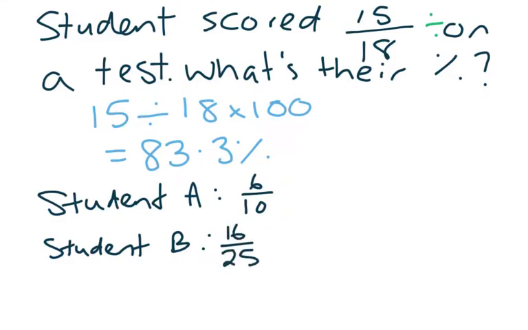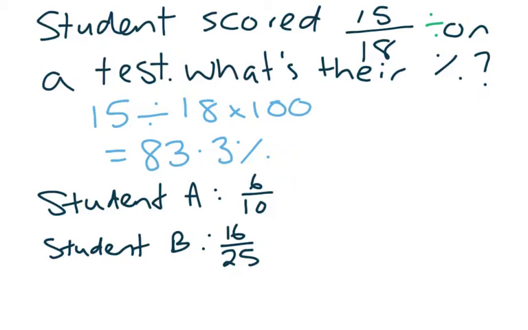Okay, we don't know which person did better. And I mean, there's a lot of people that would say the person that got 6 out of 10 scored a better score because they only got 4 questions wrong, whereas student B got 9 questions wrong. But we've got to look at it as a percentage.